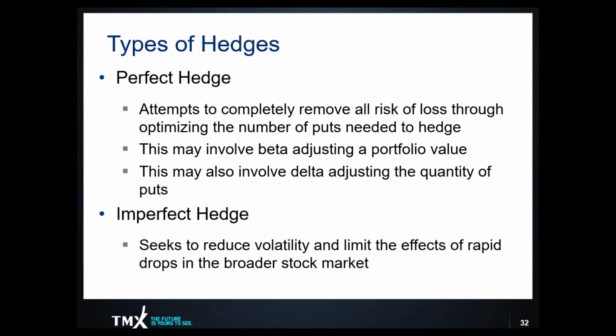Now, imperfect hedges are more common. Really what you're doing with an imperfect hedge is you're seeking to reduce volatility and limit the effects of a rapid drop in the broader stock market. So again, not trying to delta hedge, not trying to beta hedge, just saying, okay, I have X exposure to the markets here.